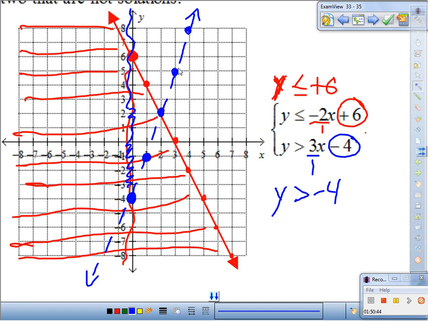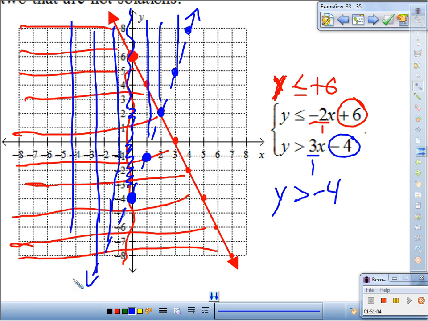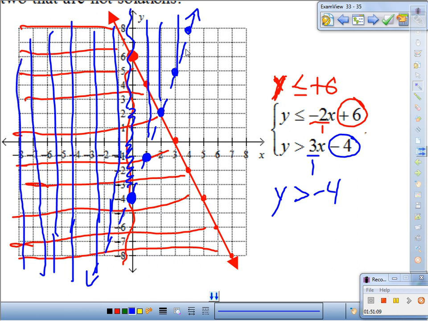Look at this blue line, to the left of the blue line. So everything to the left of the blue line. Here's the blue line, the dashed line, and I'm shading everything to the left.